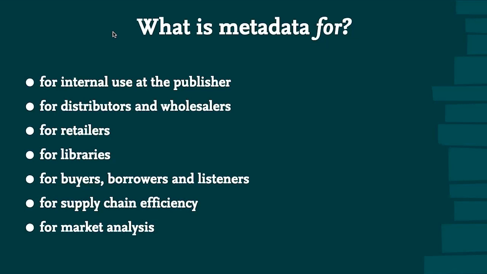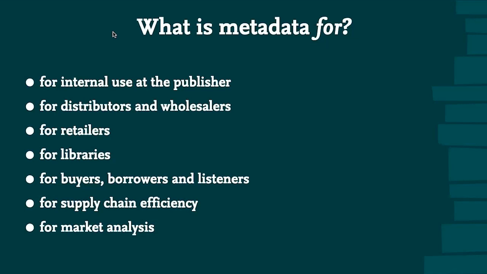Metadata is important for good supply chain efficiency. And metadata is important for market analysis. It's the metadata that allows organizations like BookNet to produce good statistical data. When you are thinking about audiobook metadata, whether you produce it or you receive it, it's important to remember that we're talking about metadata for the whole book supply chain.